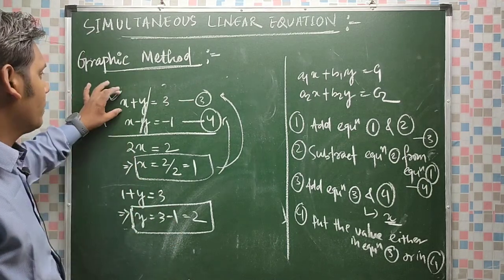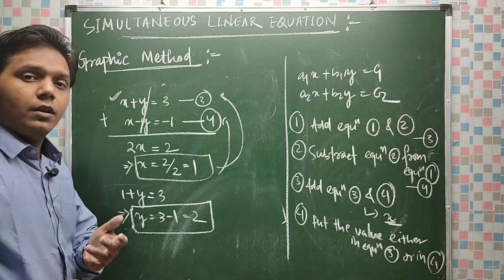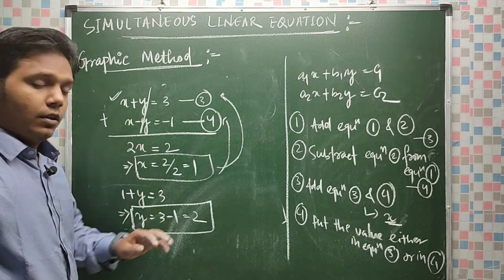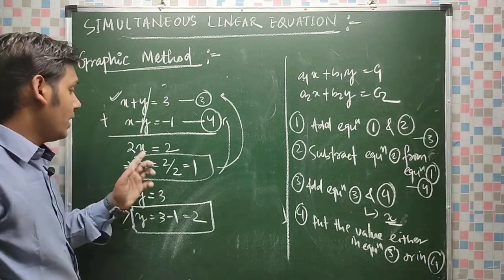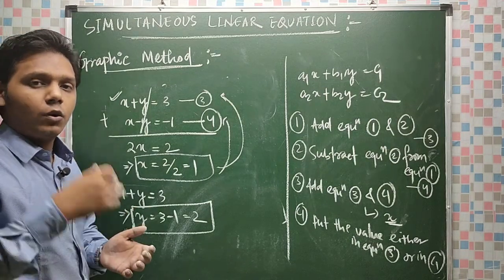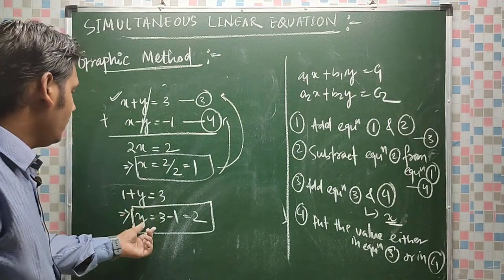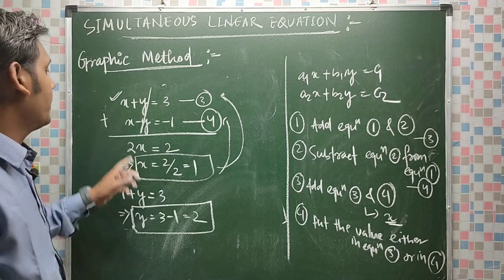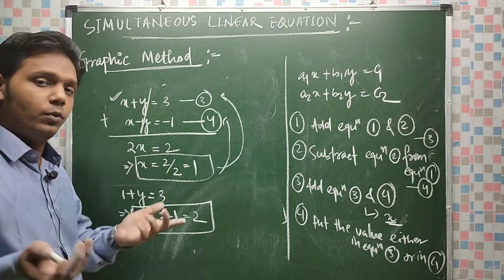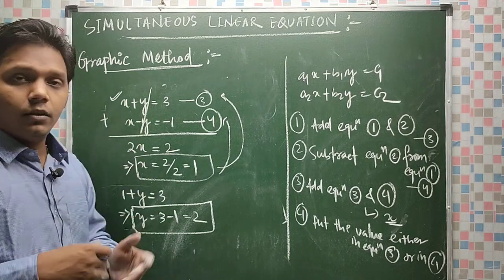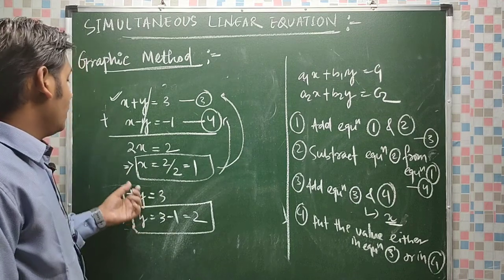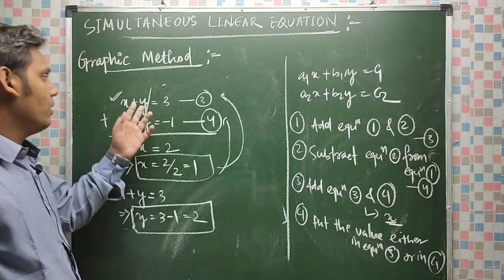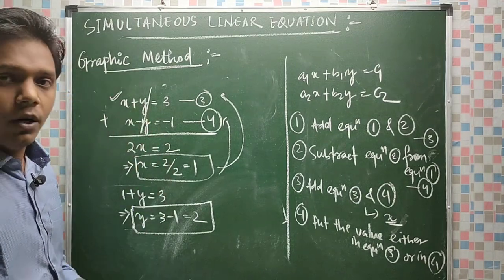Or if you get x minus y first, then next you may get x plus y. So simply add here. Thereafter either the value of x or y will be obtained, and if the value of x is obtained, then put it in equation 3 or 4. Thereafter the value of y you can get easily. Otherwise, if the value of y is obtained first, then you can put it and get the value of x.